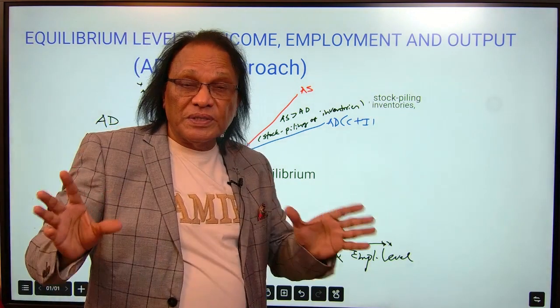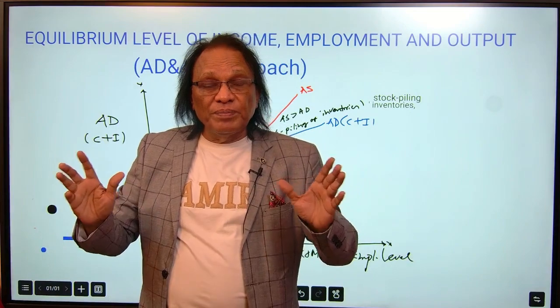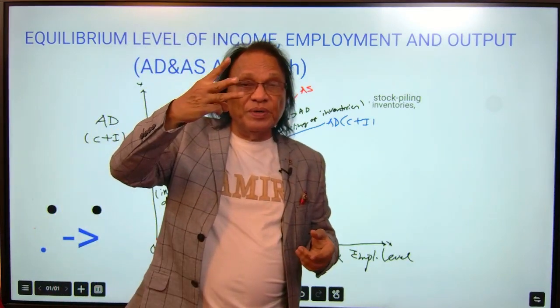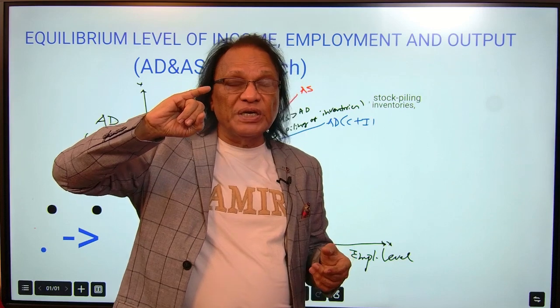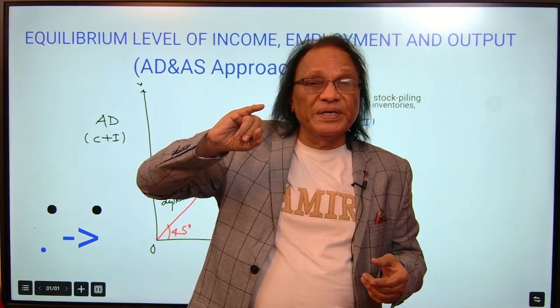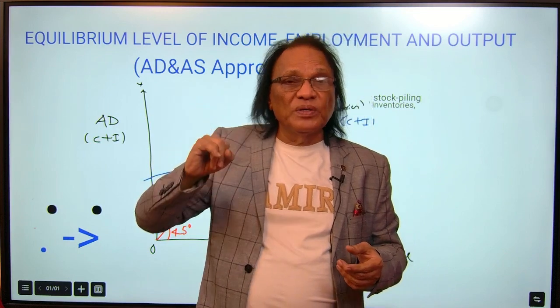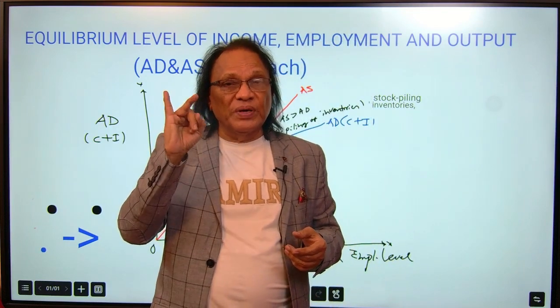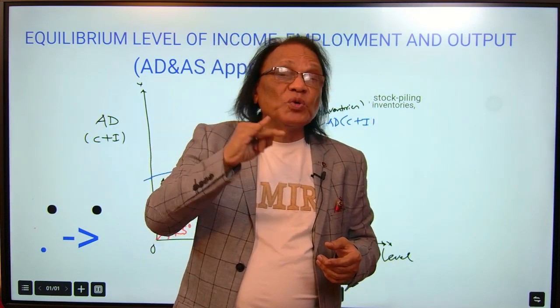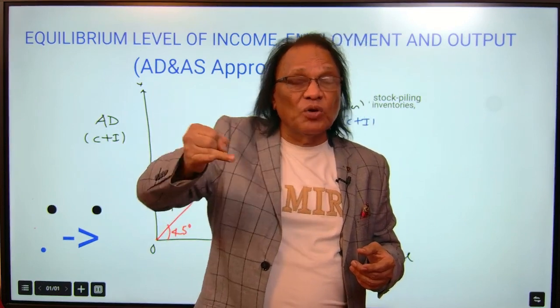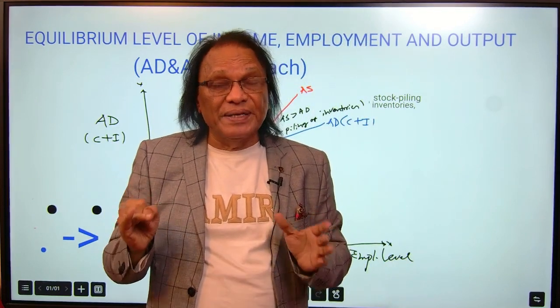I'll explain once again. Explain the equilibrium level of income, employment and output. So three points to remember. Equilibrium means a state of balance, at rest. At the equilibrium point, AD is equal to AS. That means the planned expenditure is equal to planned output. Okay. And the second point, if aggregate demand is more than aggregate supply, there is scope in the economy to increase income, employment and output till the point AD becomes equal to AS.